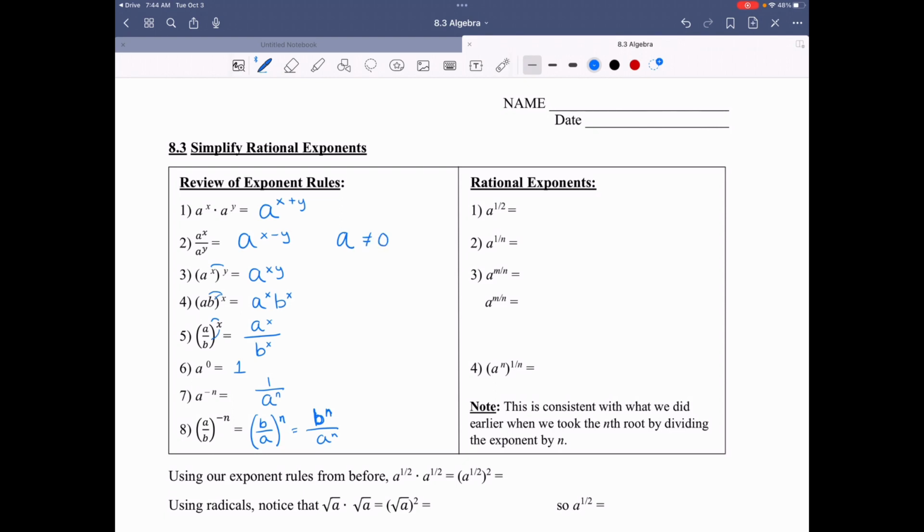Because if it were 0, any 0 raised to any power would be 0, and we would be dividing by 0. We also cannot have that in example 5, because we're dividing by b, so b cannot equal 0.